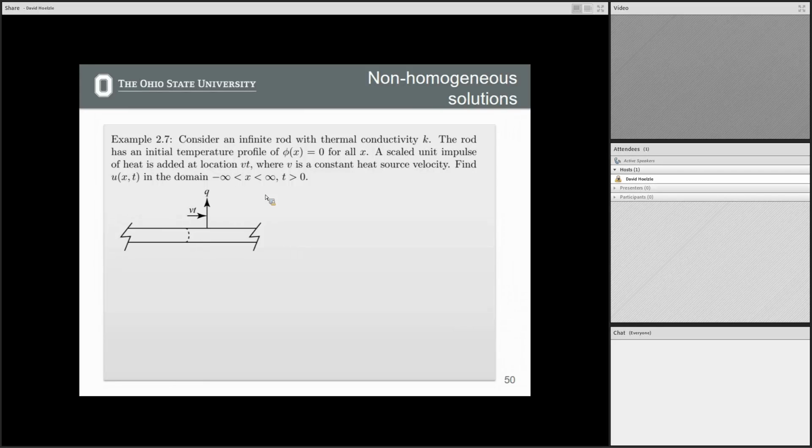Okay. So before we looked at having an initial temperature profile, we're going to simplify this. We're not going to worry about this for now. We're just going to say that the initial temperature profile on this rod is 0. And we are going to put an impulse of energy. I don't know if you've ever seen this shorthand form.